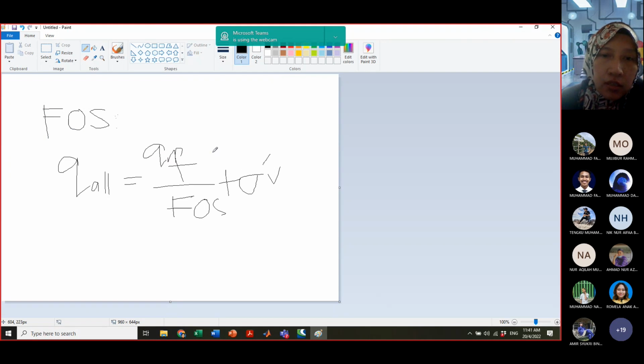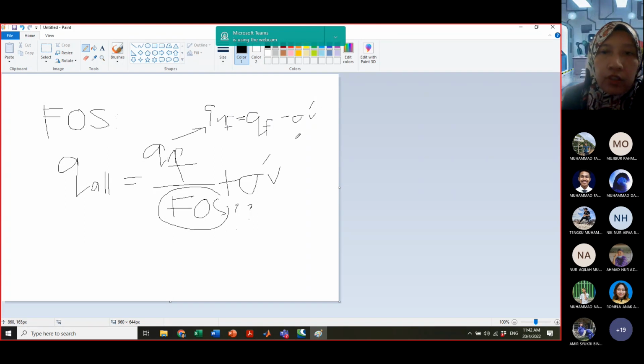Okey, dalam this case kalau you tengok kita nak dapatkan FOS. Yang ni yang kita tak tahu. Q net boleh kira. Q net sama dengan Q ultimate tolak dengan overburden pressure, effective overburden pressure.